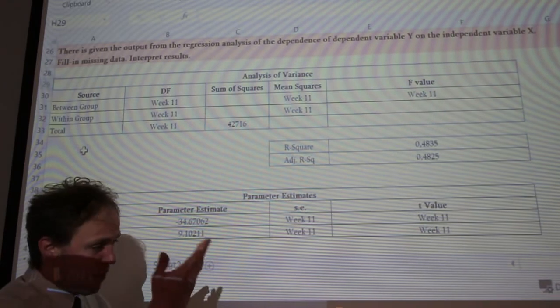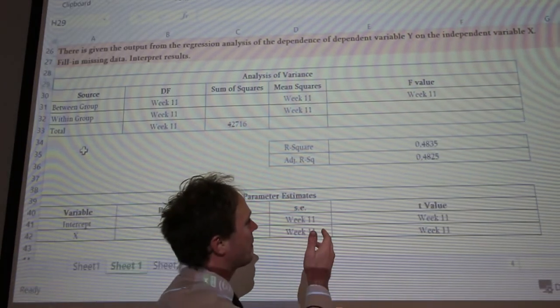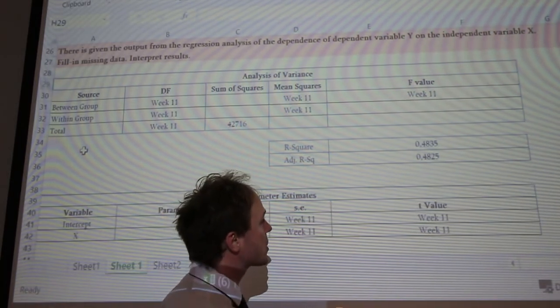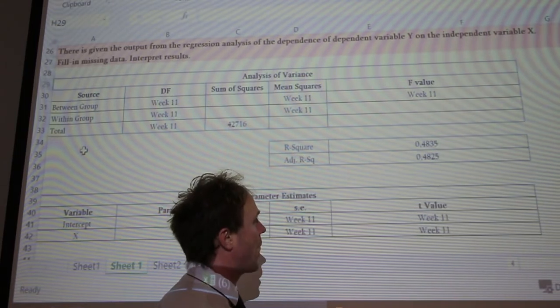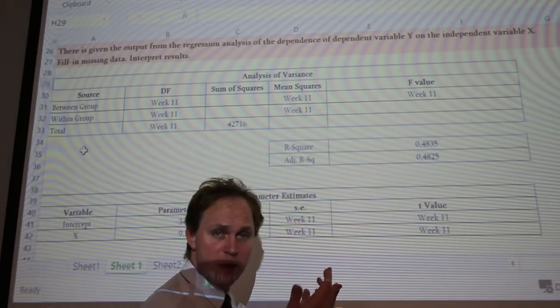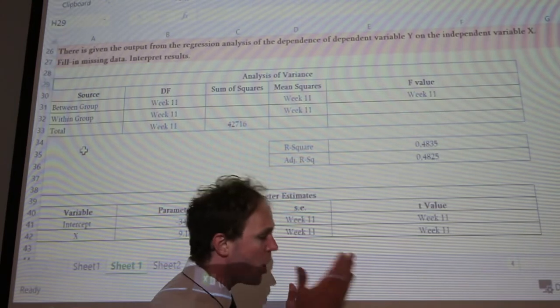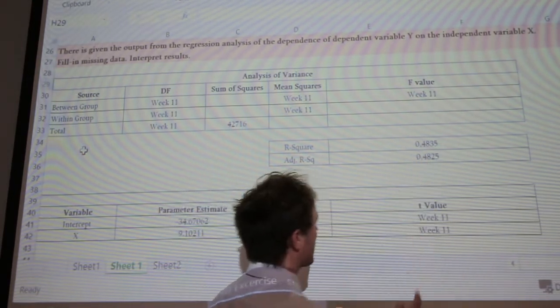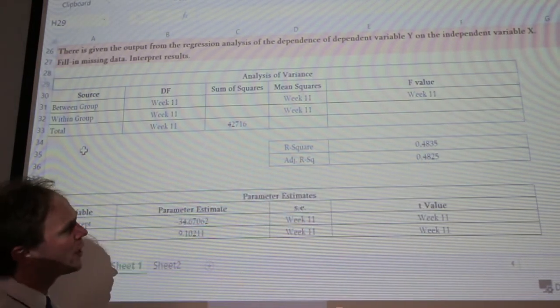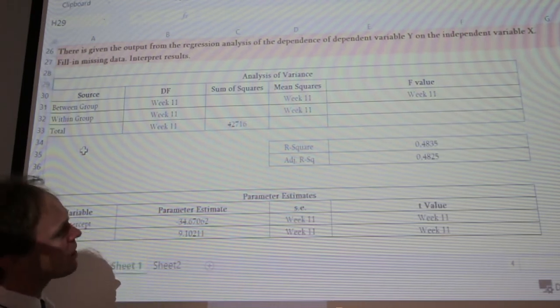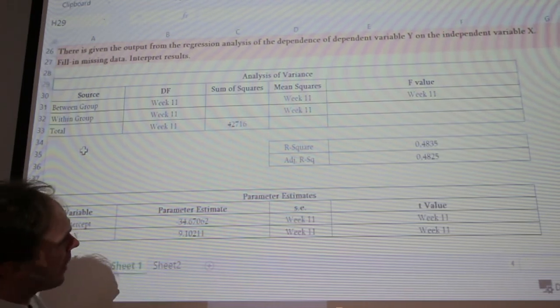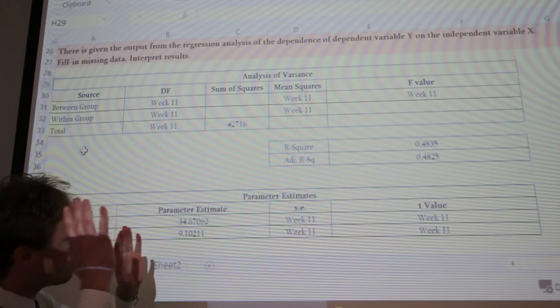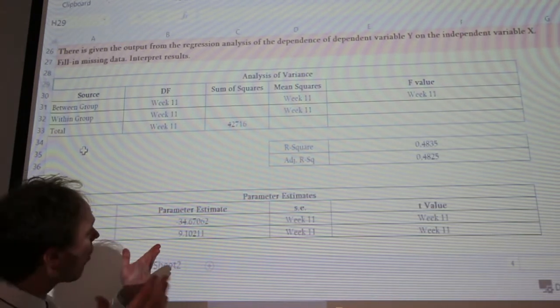If you remember our other examples, we had R square 80%, 90%, so more than 48. So there is not enough explained variability.